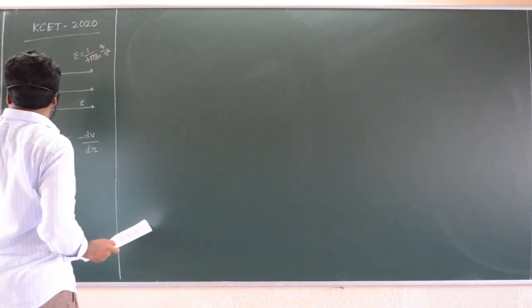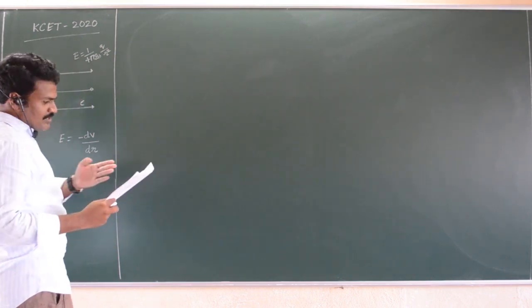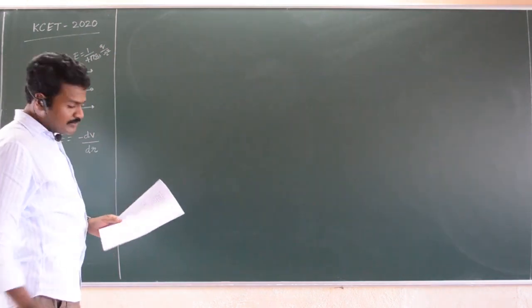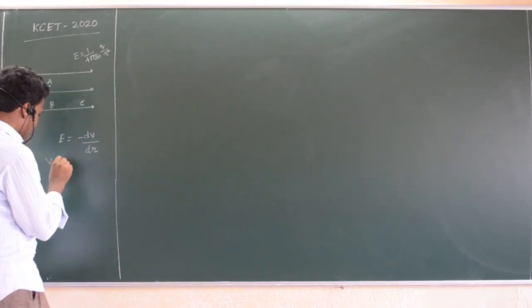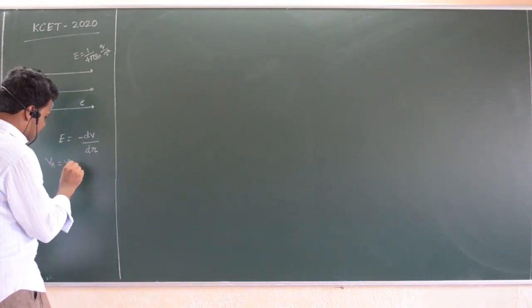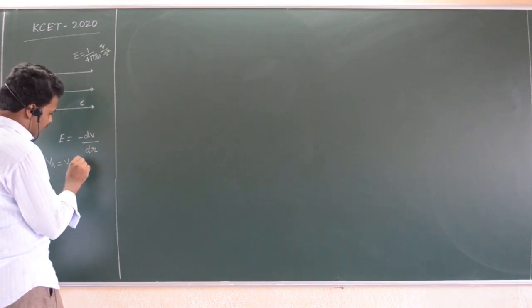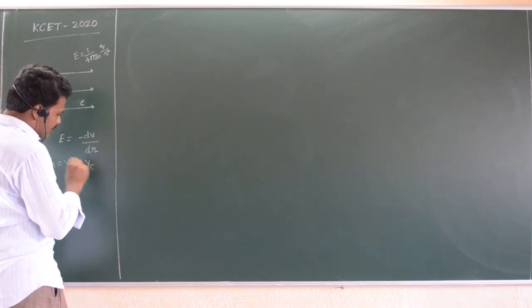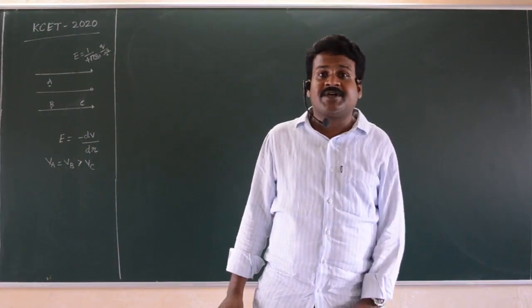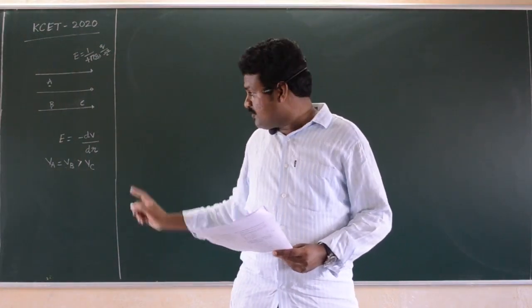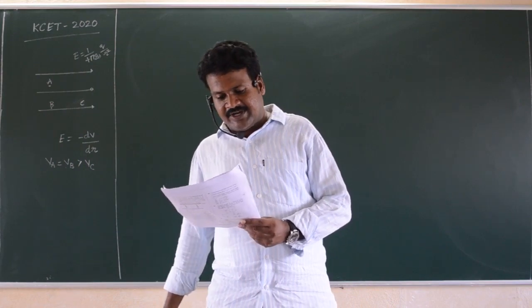If the source is here, they are at the same distance, so you can observe very clearly. From this you can write VA is equal to VB because they are at the same distance, and VB is greater than VC. Why? Because in the direction of electric field potential always decreases. So the answer is VA is equal to VB greater than VC.